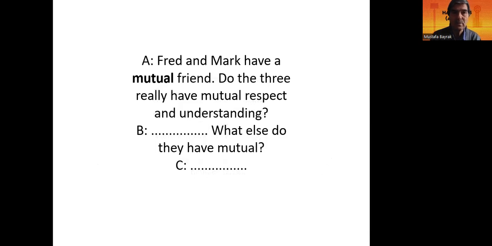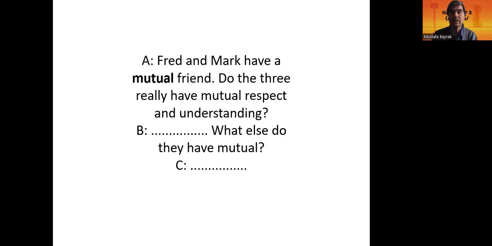Fred and Mark have a mutual friend, a reciprocal friend. For example, Fred has a friend. His name is Robert. So Robert is also Mark's friend. So Fred and Mark have a mutual friend, a reciprocal friend.